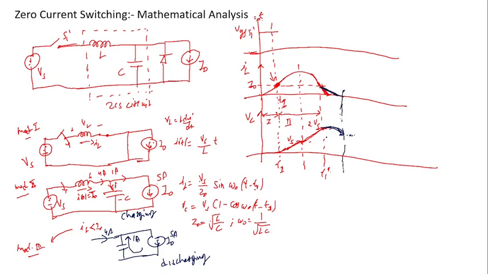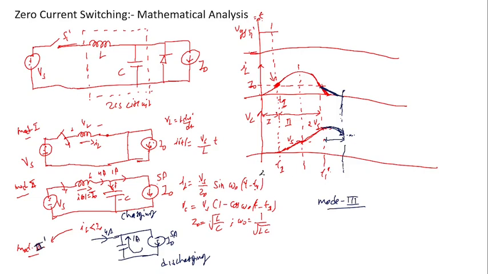This time is very small, but it is the time taken by the capacitor to discharge some energy. Now, this is mode 2 prime.